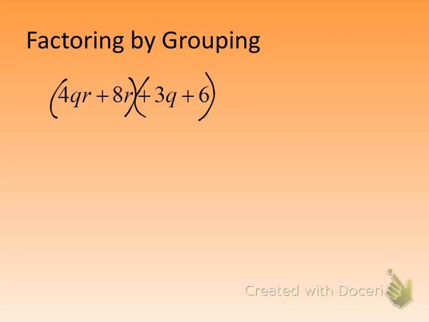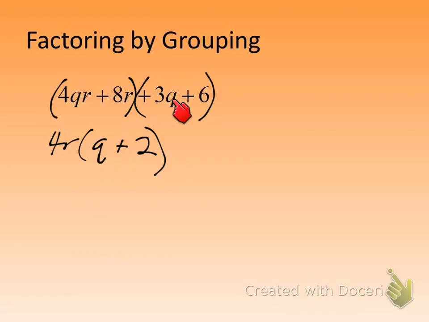So your greatest common factor is 4R. Which leaves you with what? Q plus 2. Because remember, you got to distribute this back into here. Okay? See that?